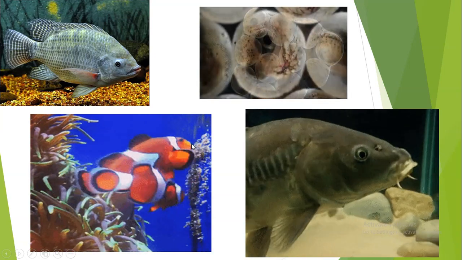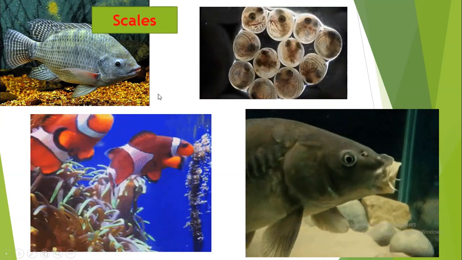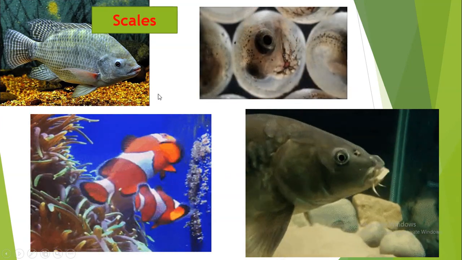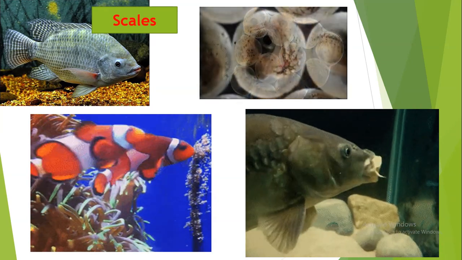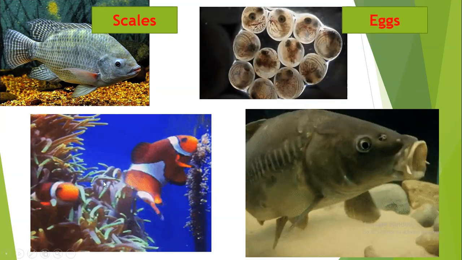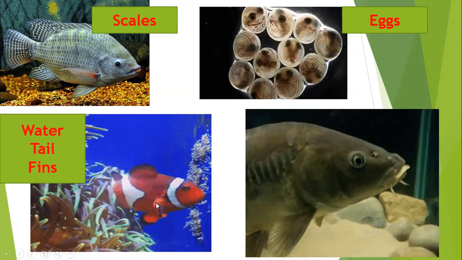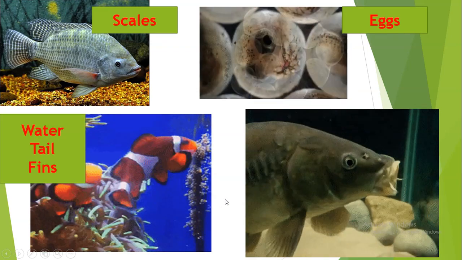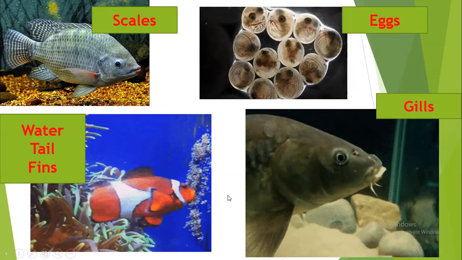They are covered with scales, hard, thin, flat plates that protect them and help them swim. They reproduce by laying eggs, and they have tails and fins, and they breathe with their gills.